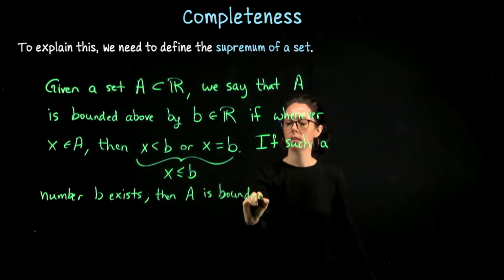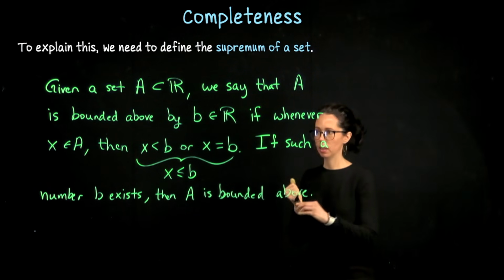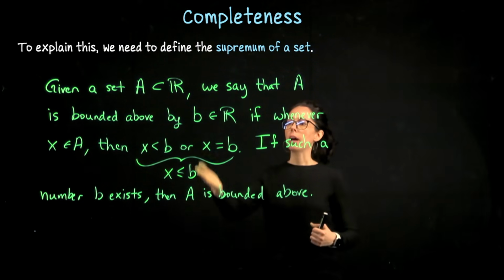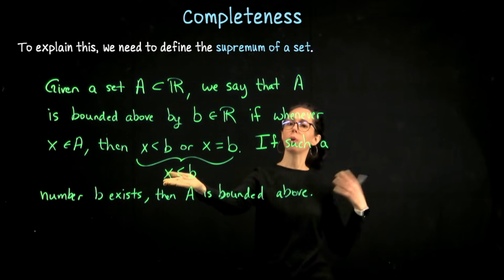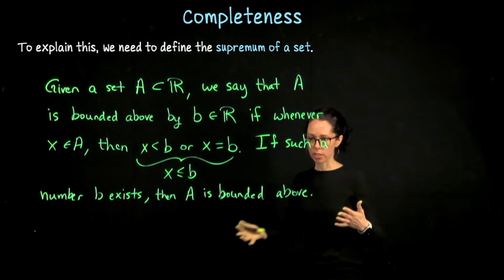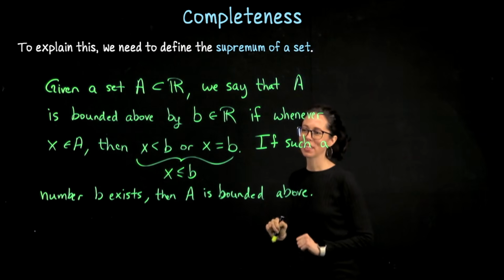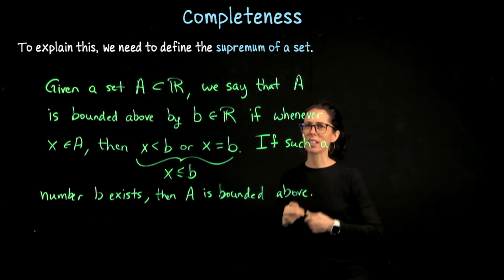So given a set A, we say that A is bounded above by a specific number B if B is greater than or equal to all of the members of A. If you could find such a number, then you can just say, hey, A is bounded above by something, by B.